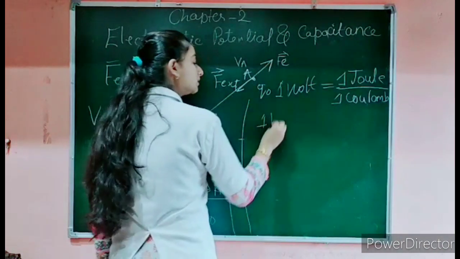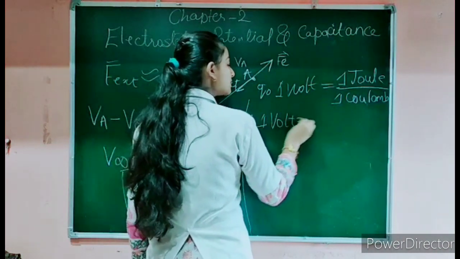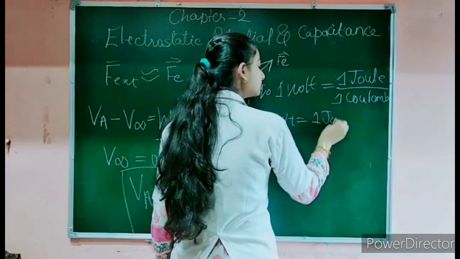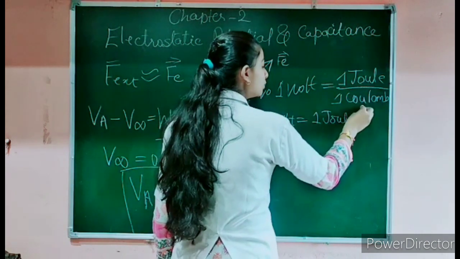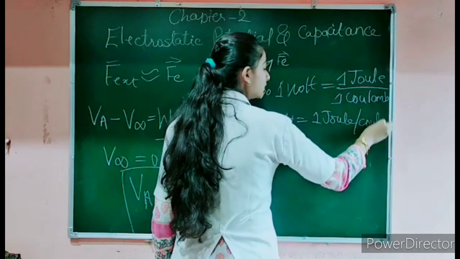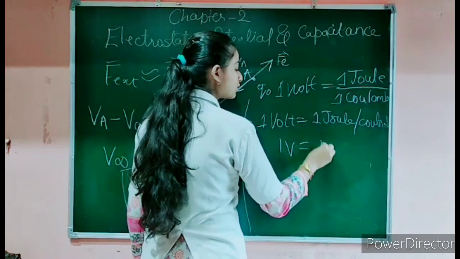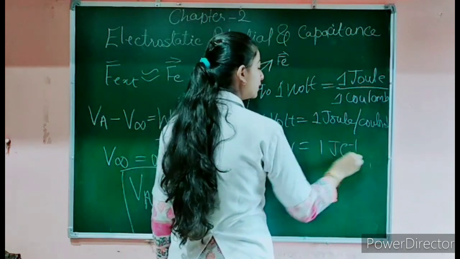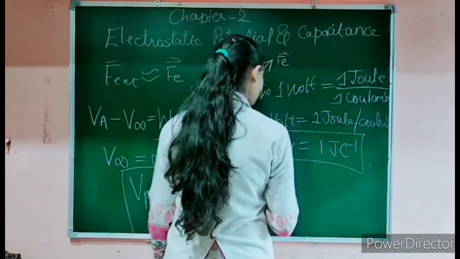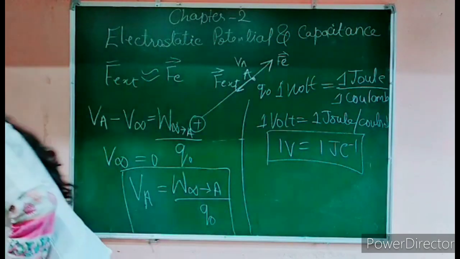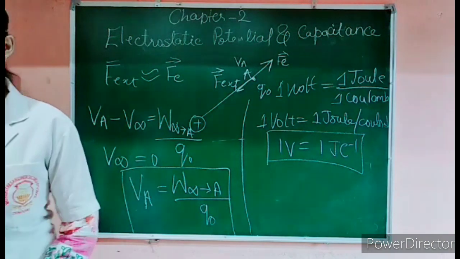So 1 volt is equal to 1 joule per coulomb. This is the SI unit of electric potential.